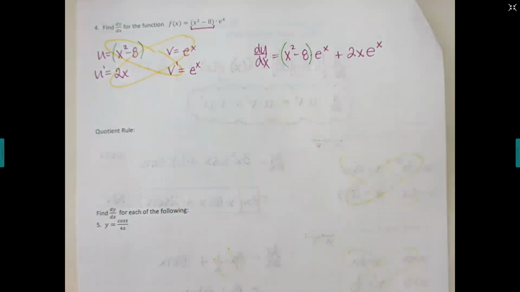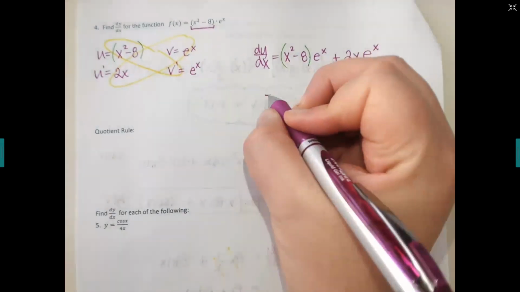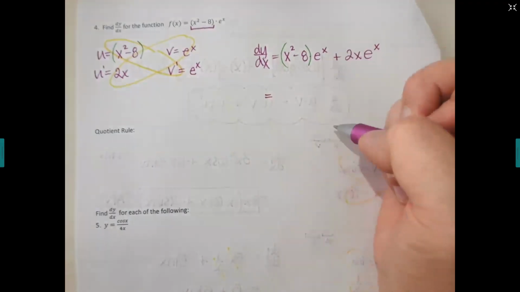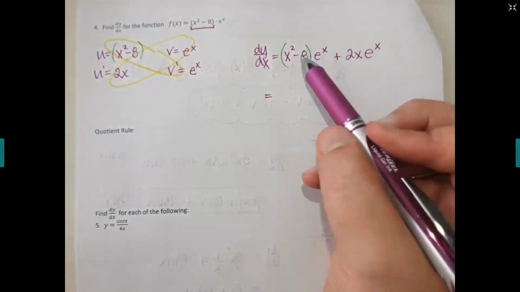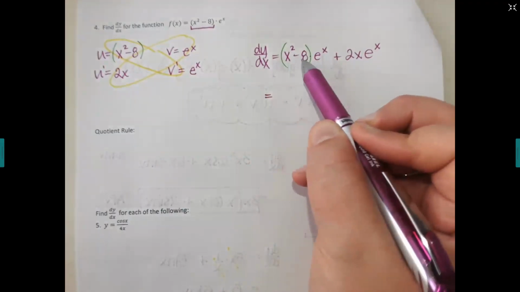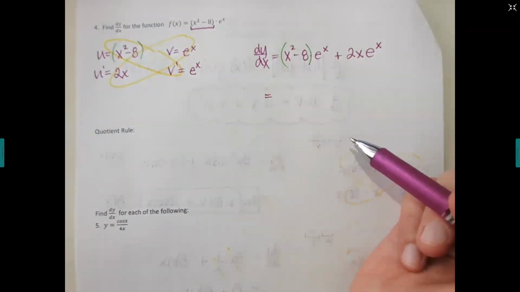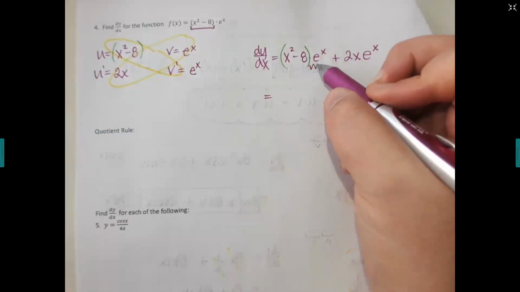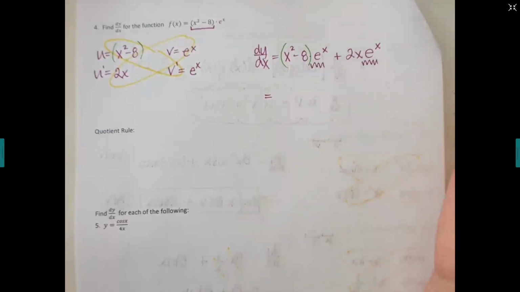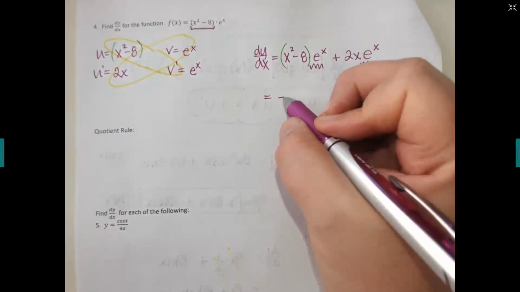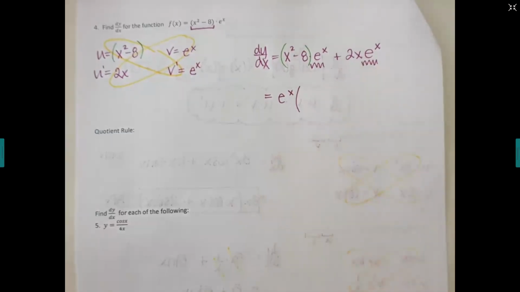Okay, then from there, is there a GCF I could take out? I can't take an x out of this one because the 8 doesn't have it. What could I take out though? Do they both have an e? So let's take that out. So it'd be e to the x.